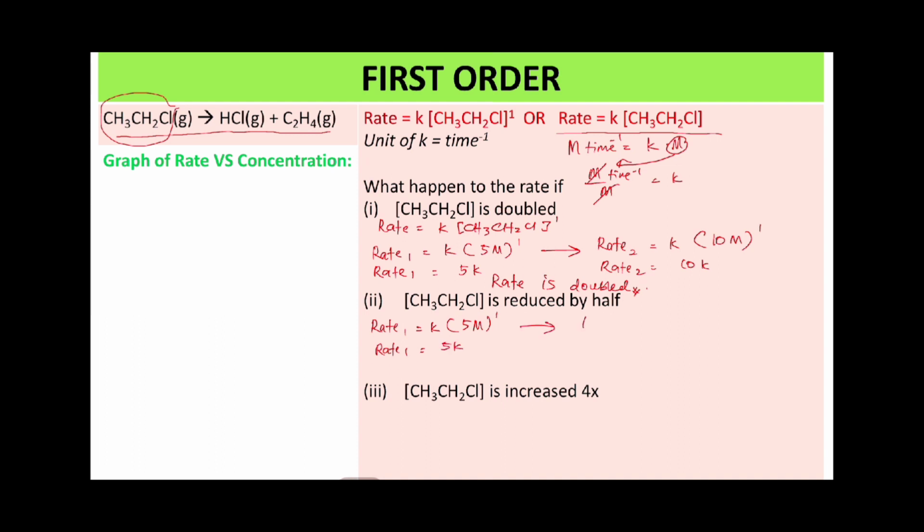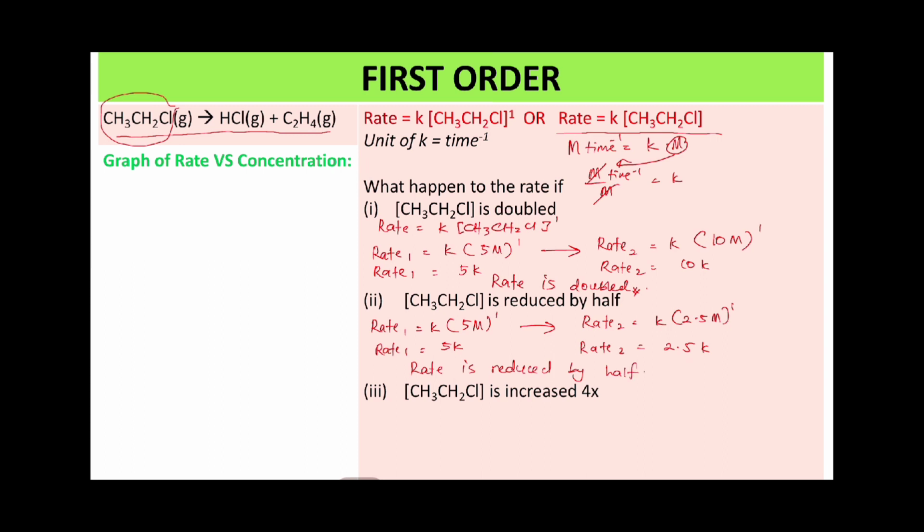Reduced by half, rate 2 is equal to k, 2.5 molar to the power of 1. So rate 2 is equal to 2.5k. So what happens if the concentration is reduced by half? The rate is also reduced by half. So that is the answer.